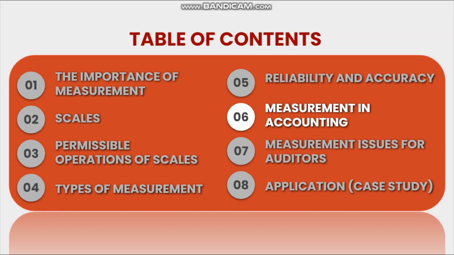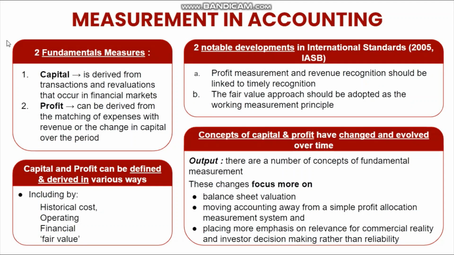Okay, now we will present measurement in accounting. There are two fundamental measures in accounting. The first is capital and the second is profit, where capital is derived from transactions and revaluations that occur in financial markets or from the net of fair value measures of assets and liabilities.